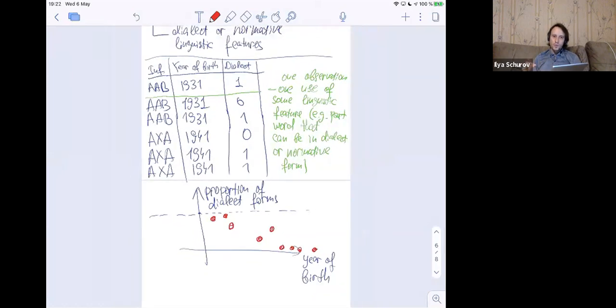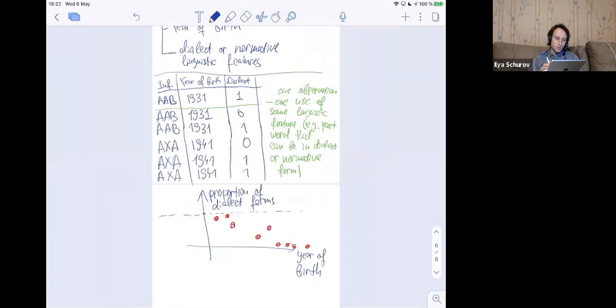And then we wanted to check this statistically and to estimate how fast this disappearance of dialect forms happens, and we wanted to check some other features of this process.